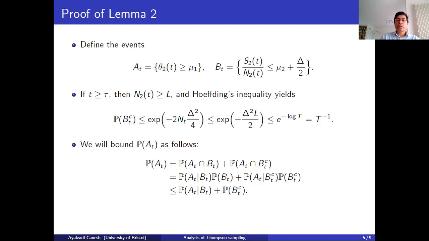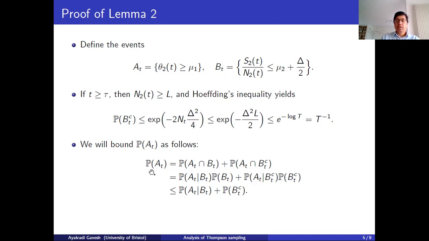And now we are going to use the fact that all probabilities are bounded by 1. So the probability of BT is at most 1. So the first term in the sum is at most this conditional probability. And here the conditional probability is at most 1. So the second term is at most the probability of BT complement.